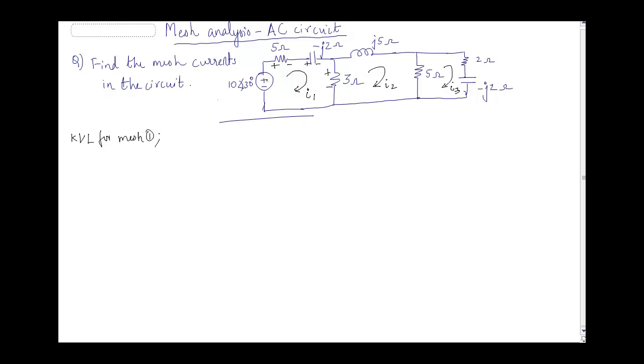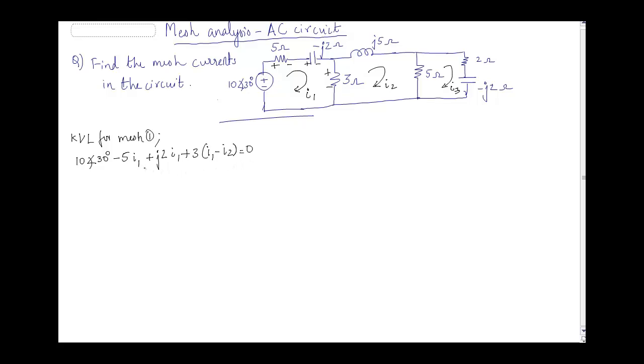If I am going to take the front of the component, so this is plus, so 10 angle 30 degree, minus 5 i1, minus of minus j, so I will put plus j2 i1, and now 3 is between mesh 1 and 2, so I will write plus 3 (i1 minus i2) is equal to 0.